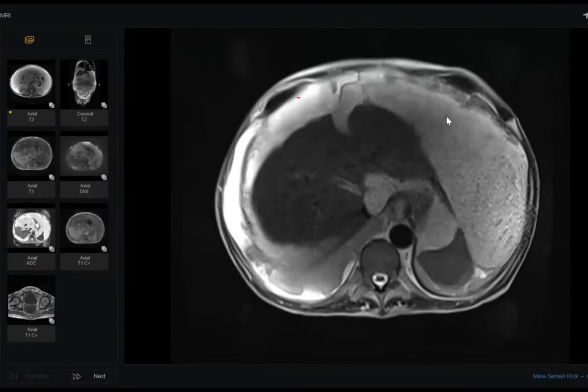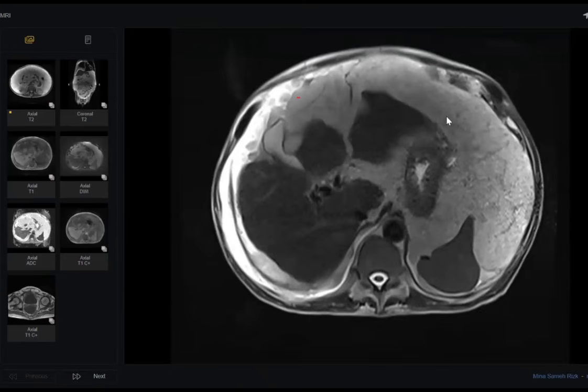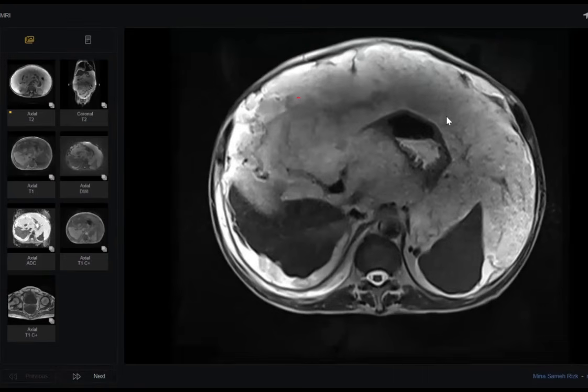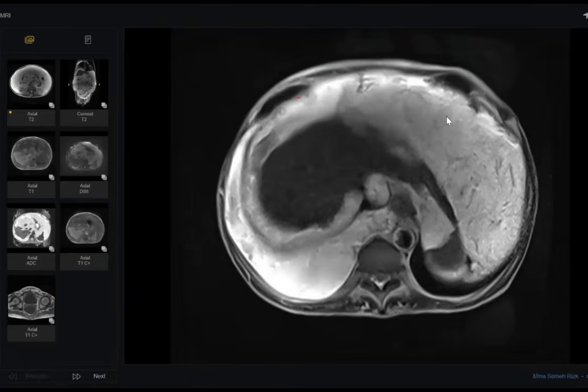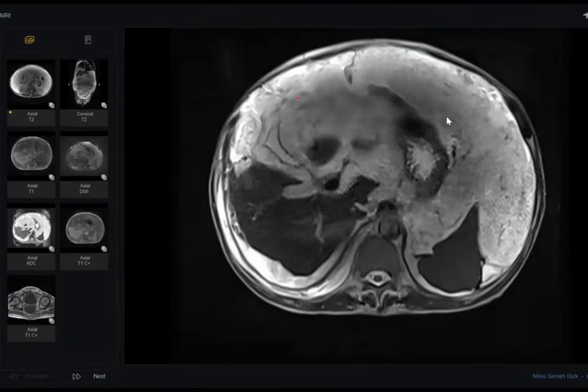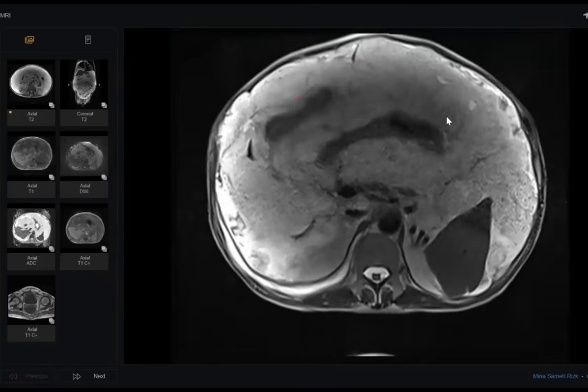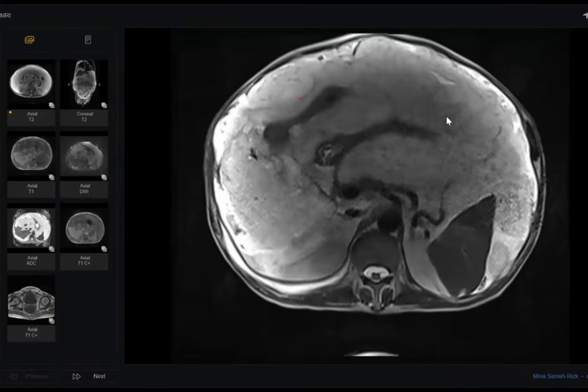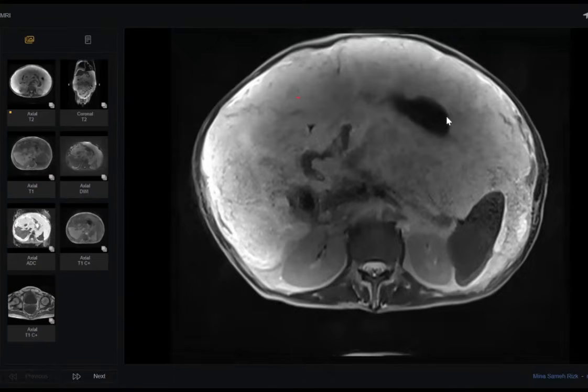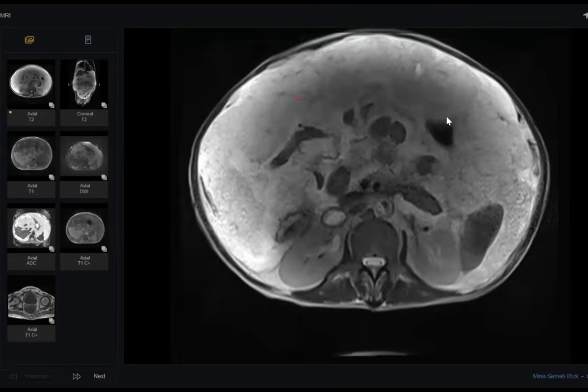I am suspecting some scalloping of the liver surface. So with all these findings, the omental thickening and scalloping of the liver surface, I'm suspicious of some pseudomyxoma peritonei.